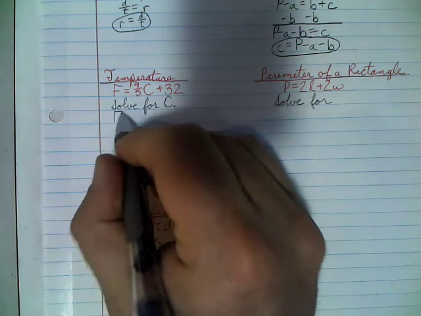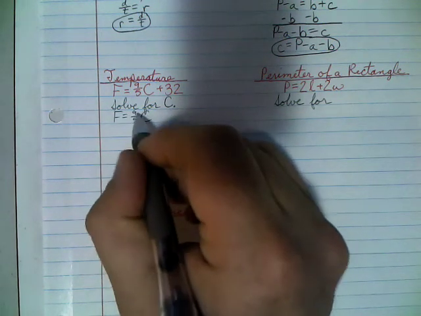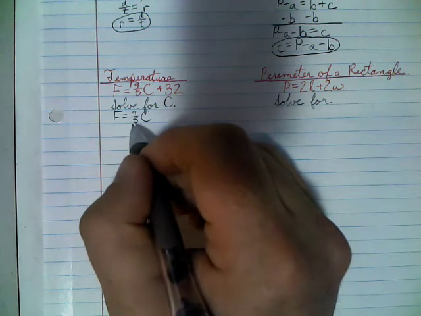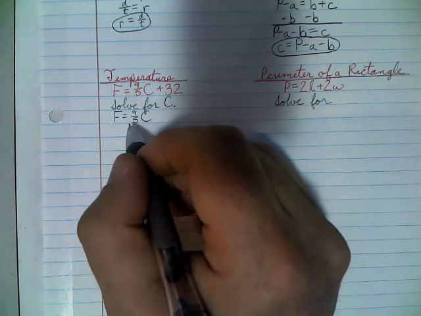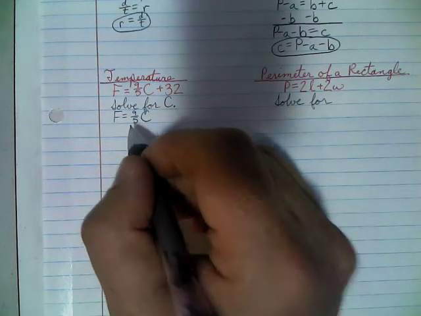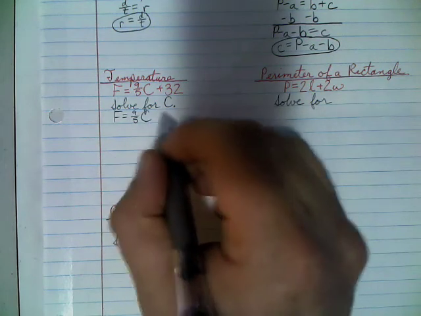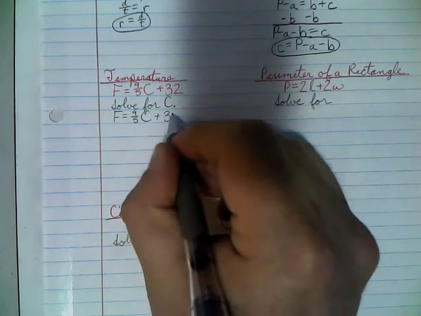So F equals 9/5 C. And I'll make a little note here about this 9/5. When we're dealing with equations, we really don't like mixed numbers in the middle of them. So 9/5 is better than 1 4/5. We don't do 1 4/5 in an equation. All right, finish it off, plus 32.